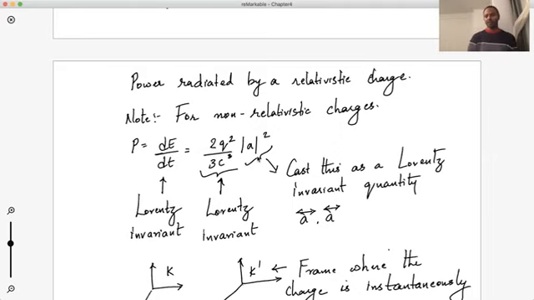Then we actually get the correct expression. The easiest way, actually the only way, to cast this as a Lorentz scalar is to take the 4 vector A and dot it with itself. We just said that the dot product of 4 vectors is a Lorentz scalar. So if I write a squared as 4 vector A dot 4 vector A, then I'm done.